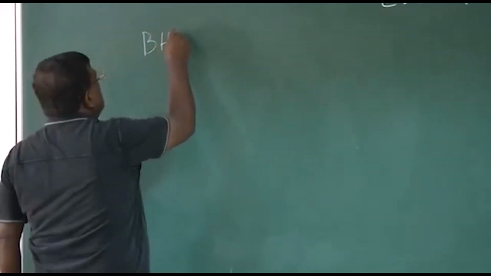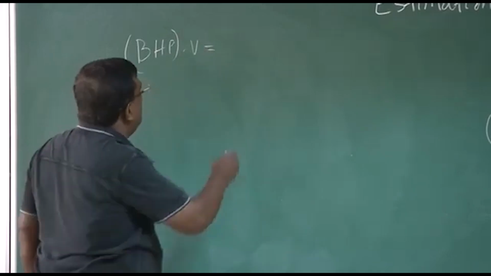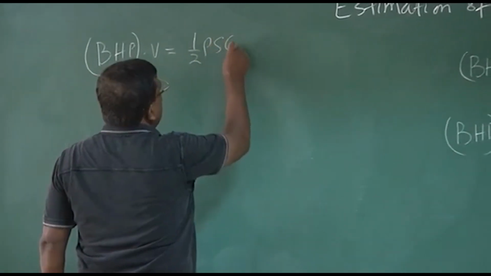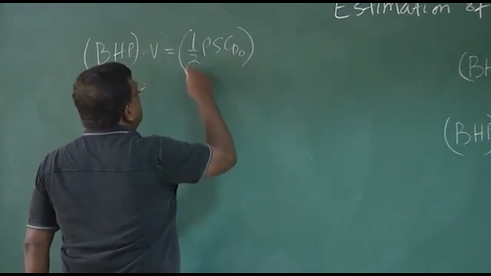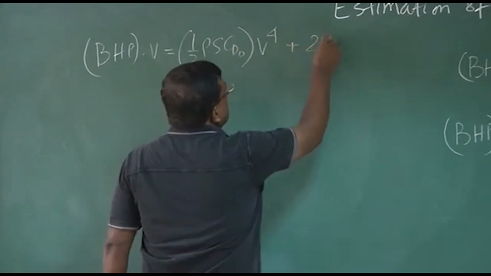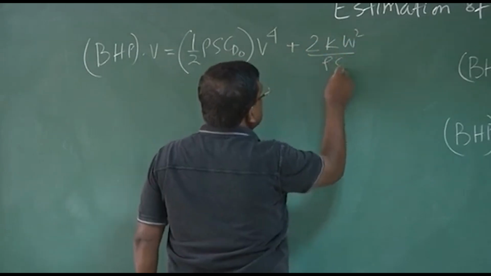So I have BHP into V is equal to half rho S CD naught V to the power 4 plus 2 K W square by rho S.